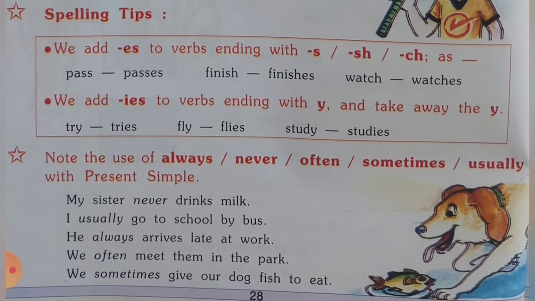We sometimes give our dog fish to eat. That means we identify the sentence of simple present tense with the words always, never, often, sometimes, usually, etc.